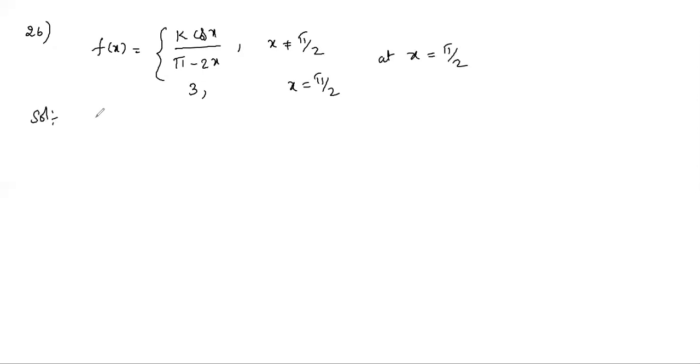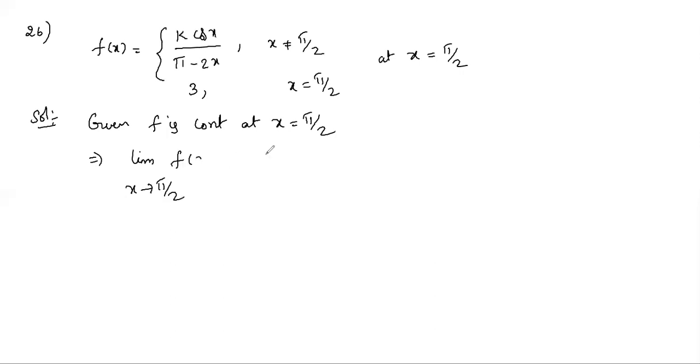What is given? F is continuous at x equals pi by 2. So the limit value is equal to the function value. The limit as x tends to pi by 2 of f of x equals f of pi by 2.